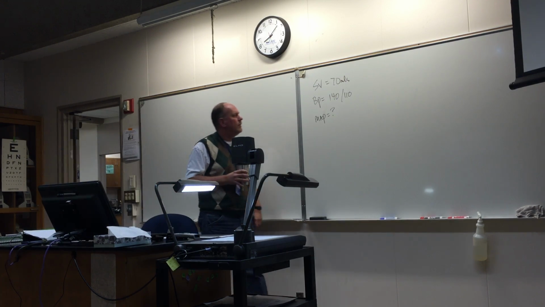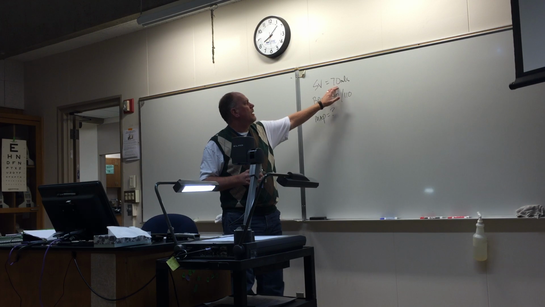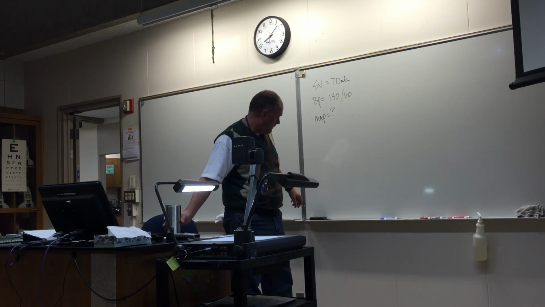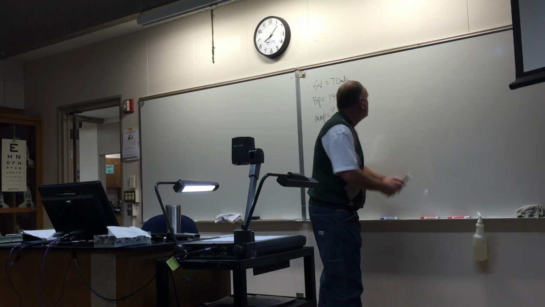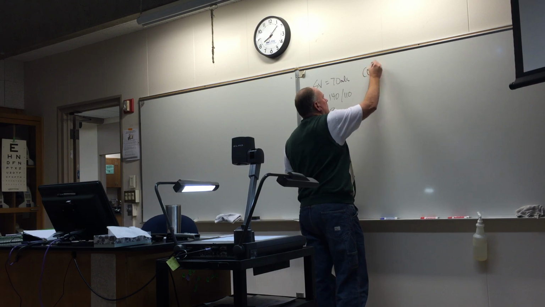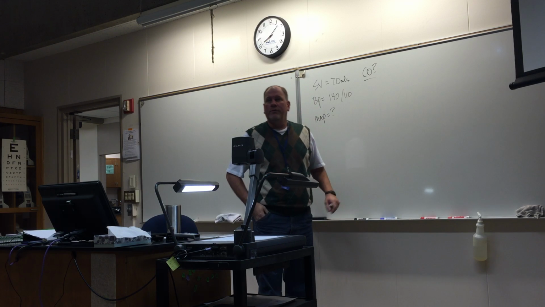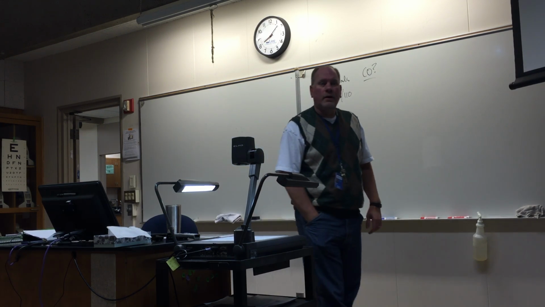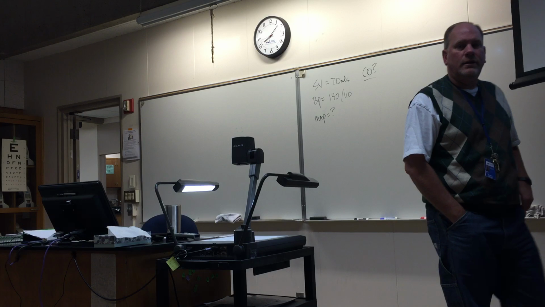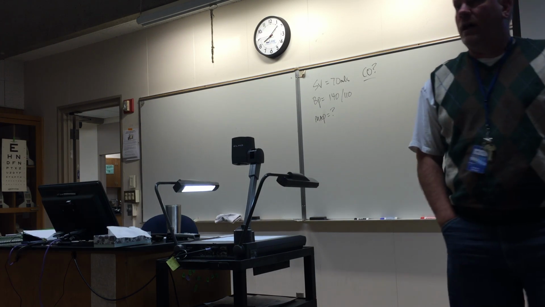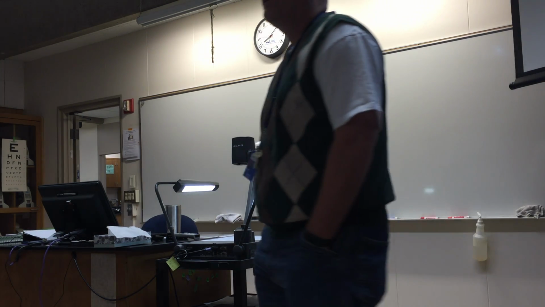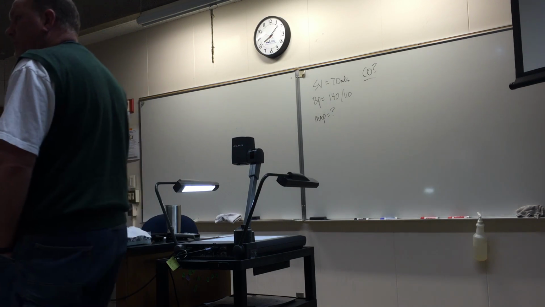So how do you get cardiac output is the question I'm asking for. What is the CO of this patient, which you find in a chart? Cardiac output is a calculation: stroke volume times heart rate is cardiac output.